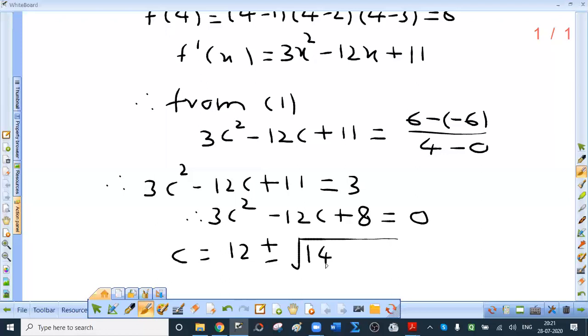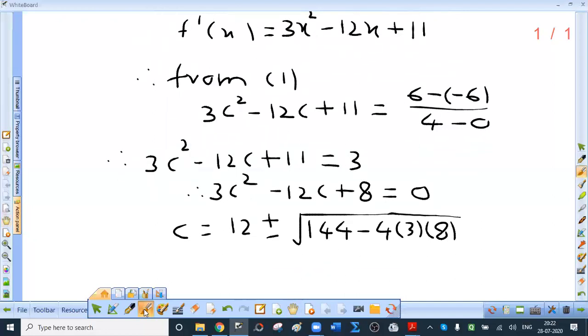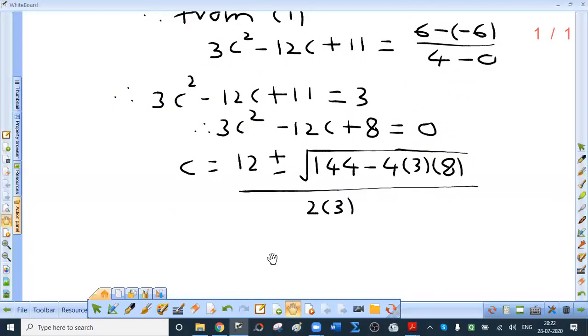I will directly substitute, so 144 minus 4ac. What is a? 3. And what is c? C is nothing but the constant term. Divided by 2a. So 2 into the coefficient of c square, which is 3. Now you will tell me the answer. I will not tell you the answer. Find out.